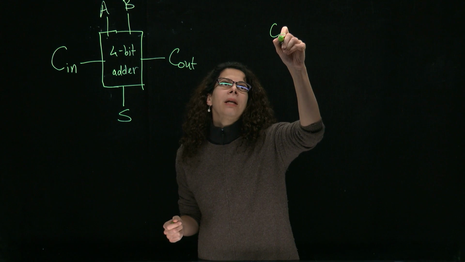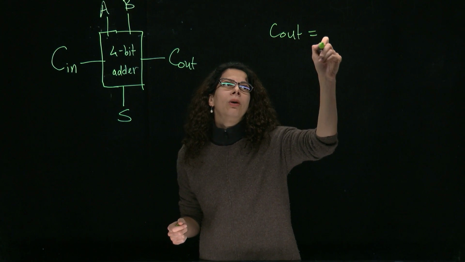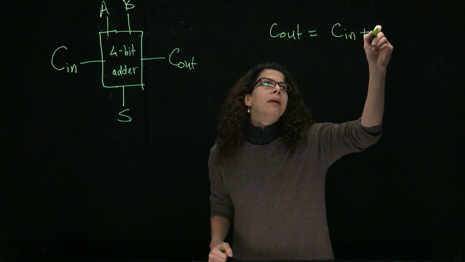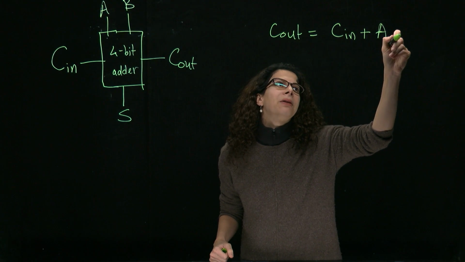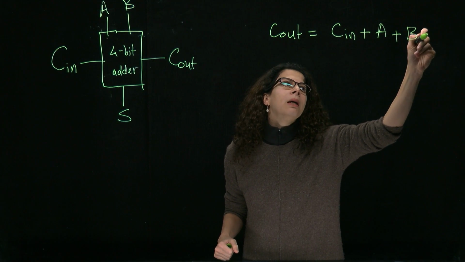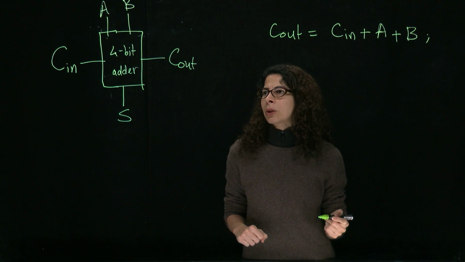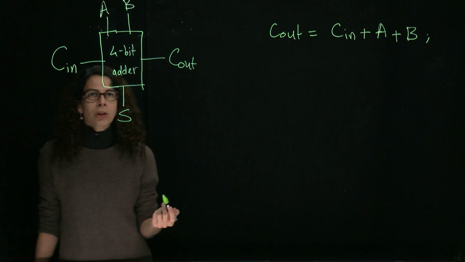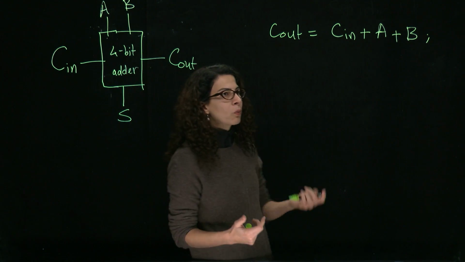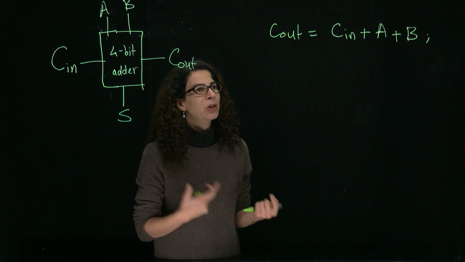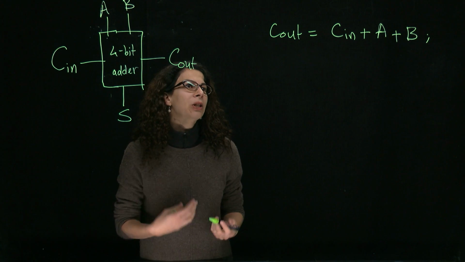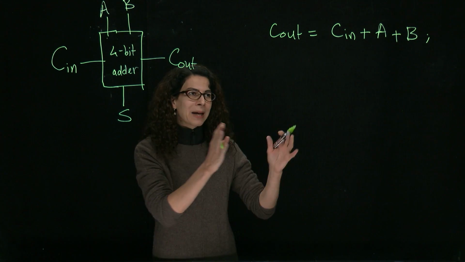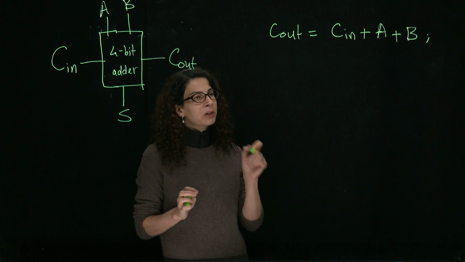In this particular case, Cout is equal to Cin added to A added to B, and this is enough as a behavioral description. Now in a structural design, I could write 1-bit full adders and then use them by concatenation to build a 4-bit adder. And of course here I need the 1-bit adders as submodules, and then I need wires to connect them.